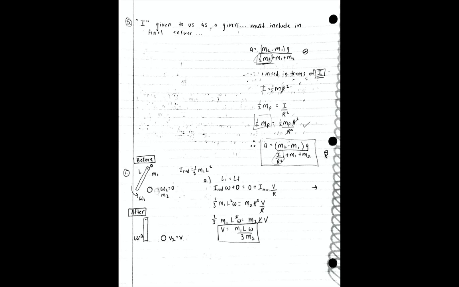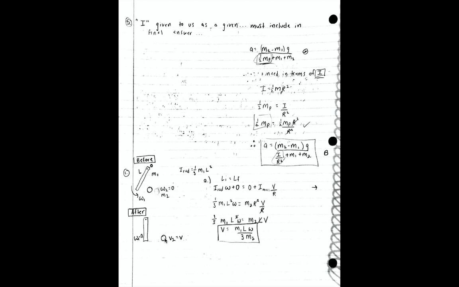The I value for a point particle is m r squared, so we plug that in. One of the r's will cancel. Note here that r is the radius from the axis of rotation, which is this pivot here, to the actual point mass. So that radius is the length of the rod.